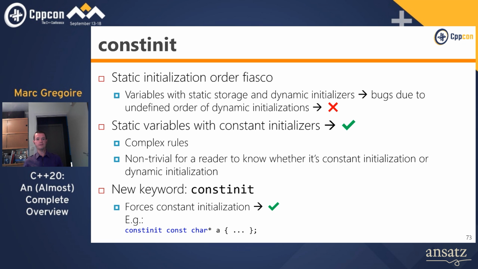With the constinit keyword, you can actually force constant initialization. So here I'm defining a variable a, and I require constant initialization. If there is some kind of dynamic initialization, then the compiler will give an error instead of giving you strange runtime behavior.